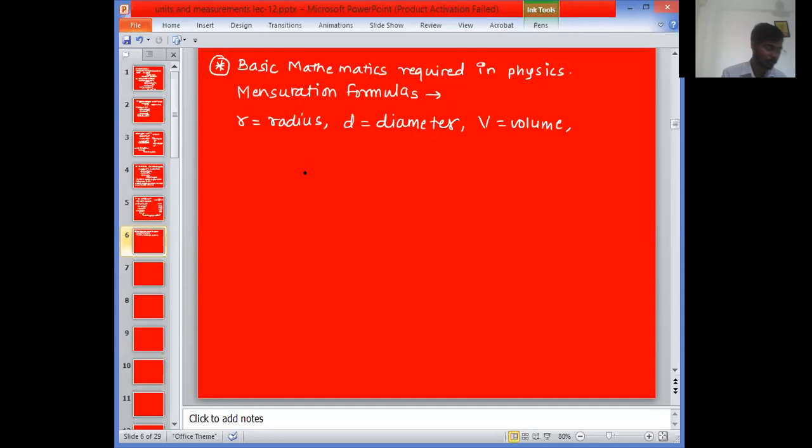And capital A or S.A. we are going to use for surface area. These are the letters and these are the meanings. R radius, D diameter, V volume, A or SA is surface area. These are the conventions that we are going to use.